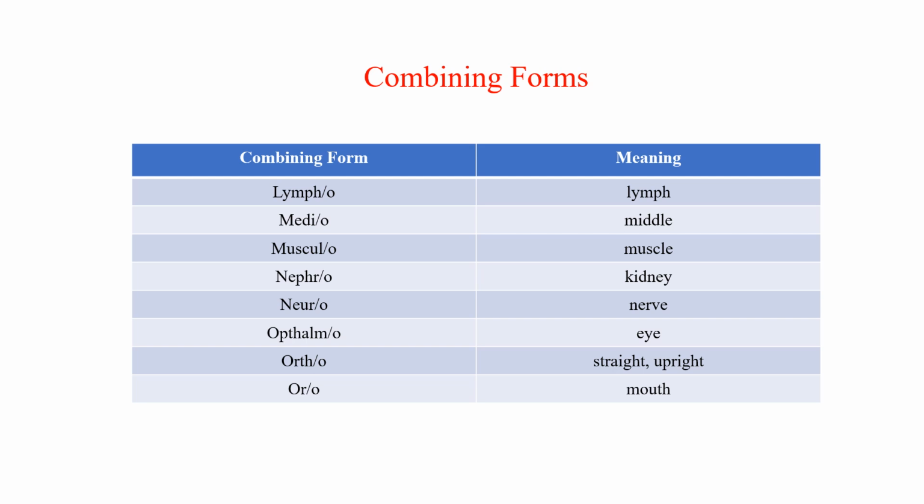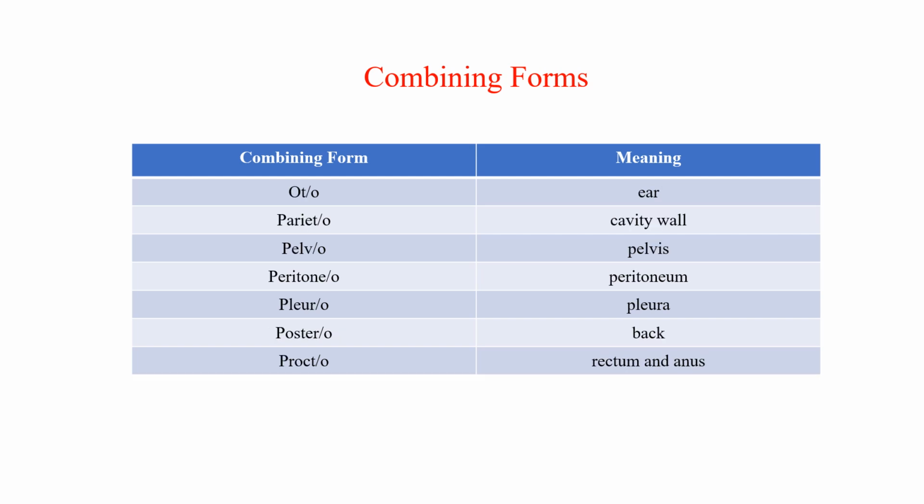Neuro, nerve, ophthalmo, eye, ortho, straight or upright, oro, mouth. Oto means ear, perito, cavity wall, pelvo, pelvis, peritoneo, peritoneum, pleuro, pleura, postero, back, procto meaning rectum and anus.